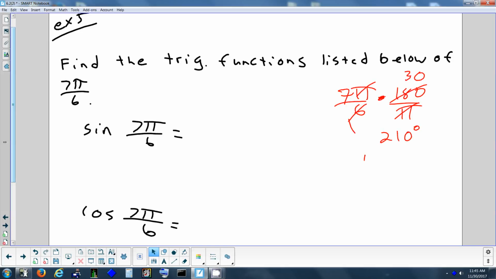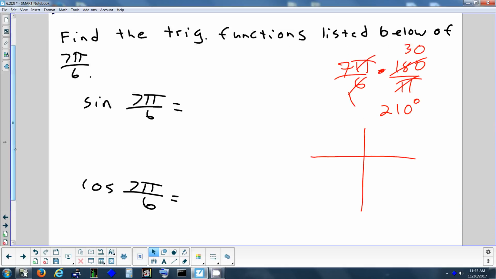Okay, let's make a sketch, see if we can find the coordinates. There's 180. How far past 180 do you have to go to get to 210? You go 30. So if I make a triangle out of that, to go from 180 to 210, this part is 30.